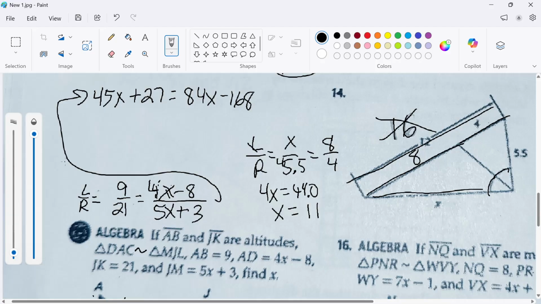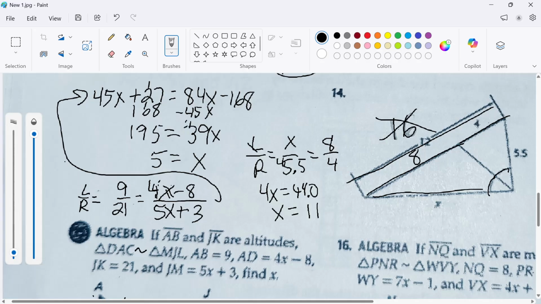I'll subtract 45x from both sides, add 168 to both sides. This is 39x equals, adding 168 to both sides, 195. I guess it's 5. 5 equals x.